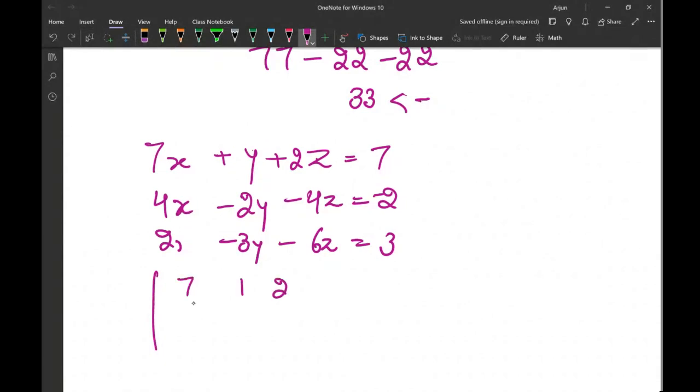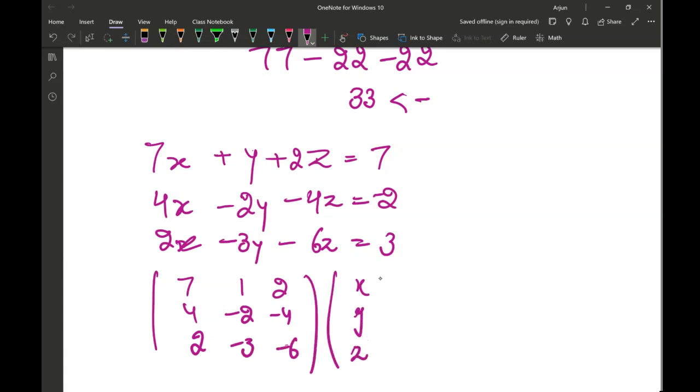The matrix is 7, 1, 2, 4, minus 2, minus 4, 2, minus 3, minus 6, then x, y, z, and down here 7, minus 2, minus 2.